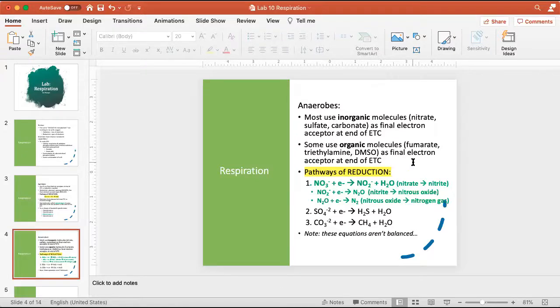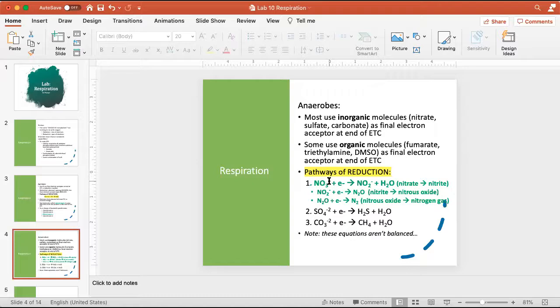In fact, the single most common final electron acceptor in anaerobic cellular respiration is nitrate. Nitrate is the one that most bacteria who are anaerobic use. So let's take a look at the pathway of reduction for nitrate. These anaerobic bacteria don't have oxygen at the bottom of their electron transport chain. They have this molecule called nitrate.